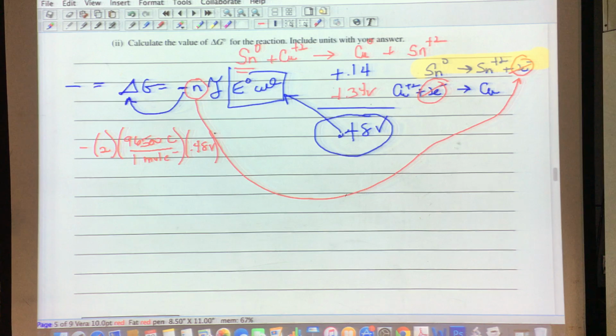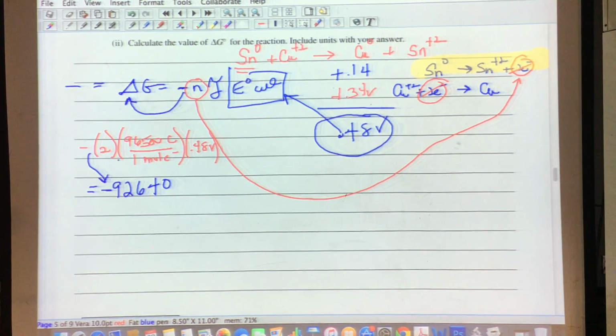And when we do this, it's very simple. I really don't have a denominator. So I get 2 times 96500 times 0.48. And what I get is 92640, and don't forget the negative sign.